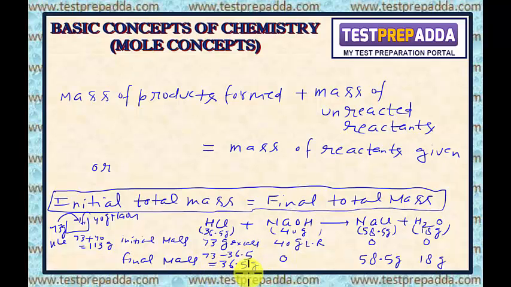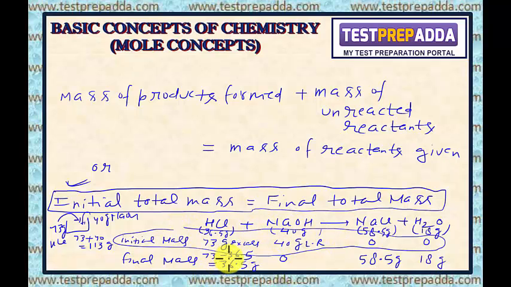If you do not add the unreacted reactant, your mass of the product will not be equal to mass of the reactants. So if I use this one, initial total mass, you can see 113 gram, and final total mass, look at this part, final total mass 36.5 plus 58.5 plus 18, this is also 113 gram.